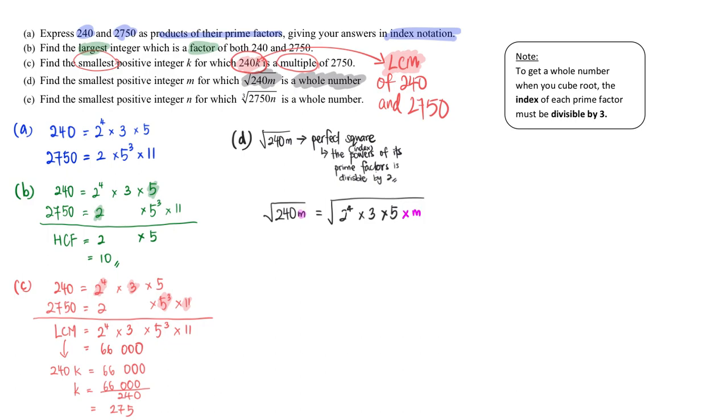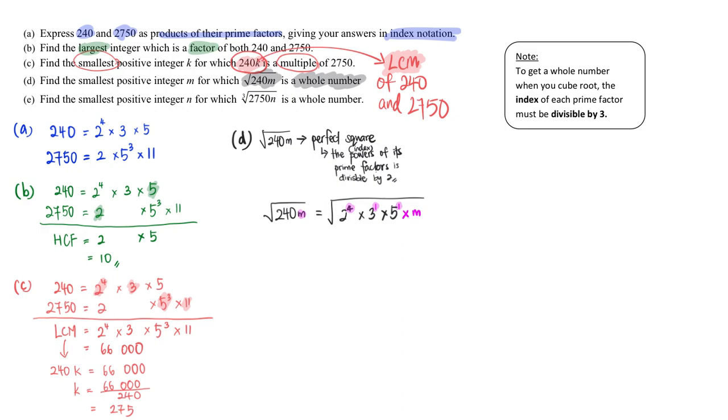I observe all their powers. 2 already has 4. 3, actually there is only 1. 5 also only has 1.